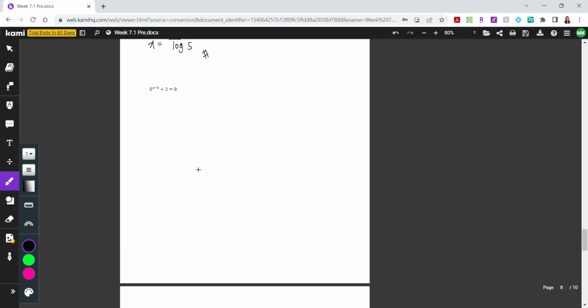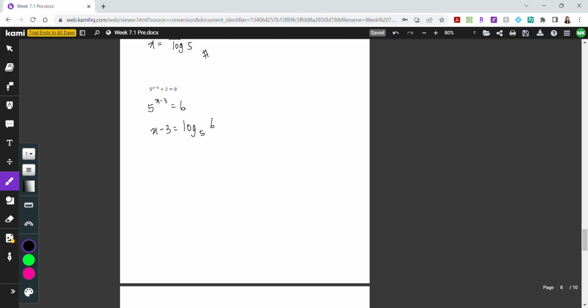So to get rid of the 2, we're going to subtract 2 from both sides of the equation to give us 5 to the power of x minus 3 equals 6. Now I can transform this into a logarithmic function. So again, 5 is going to get bumped down to become the base, and x minus 3 is going to get bumped down. So we are then going to get x minus 3 equals log base 5 of 6.